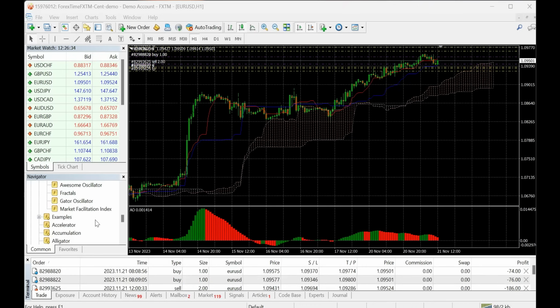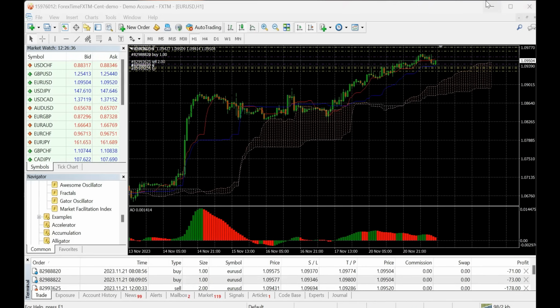The other one is pertaining to what you gave me on that. Can you see my screen? It's not changing. It's the same Ichimoku Cloud I'm seeing.